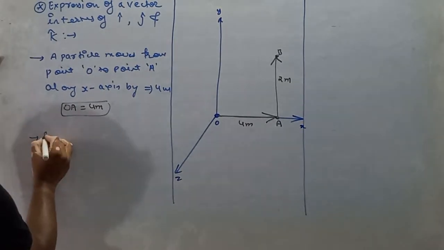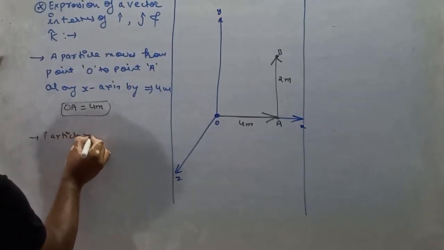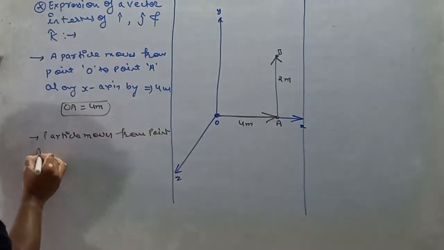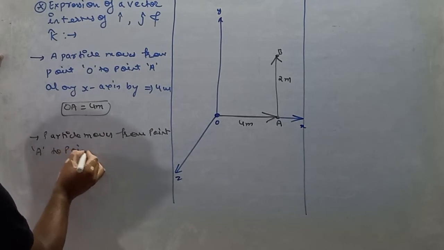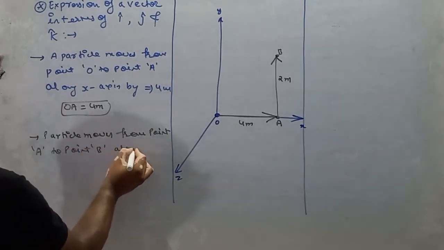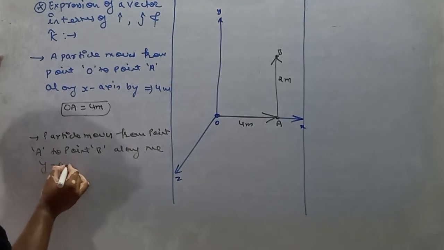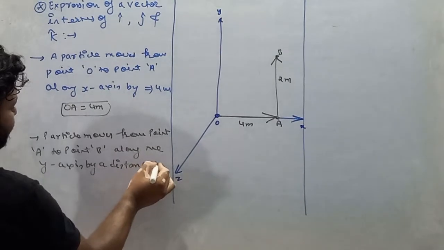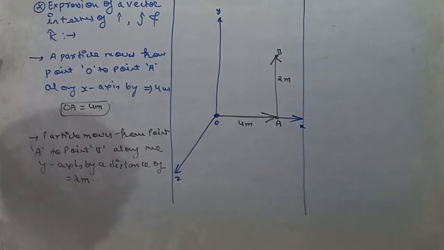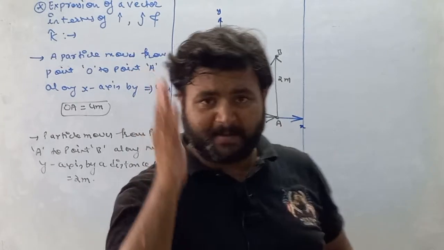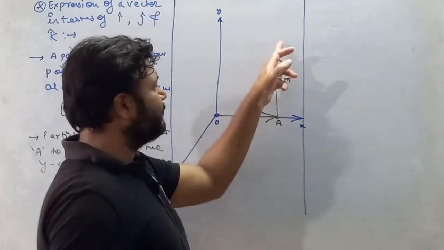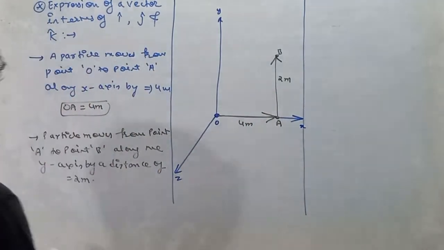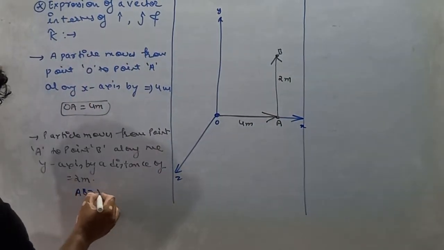I'll write here: particle moves from point A to point B along the y-axis by a distance of 2 meter. So AB is equal to 2 meter.